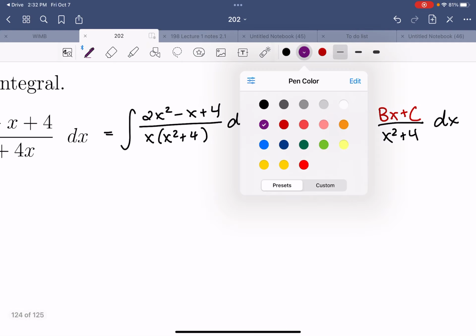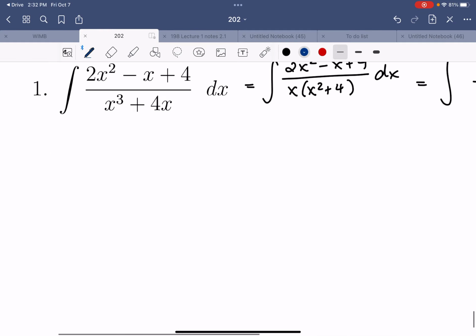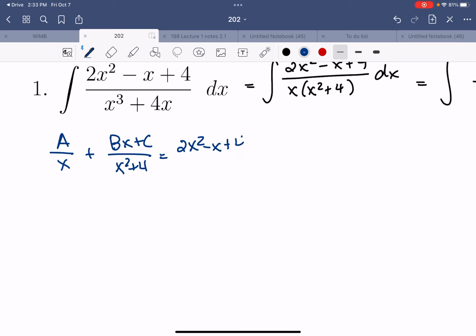So let me go down here and sort it out and find my a's, b's, and c's. So we have a over x plus bx plus c over x squared plus 4 has to be equal to the original one, which was 2x squared minus x plus 4 over x times x squared plus 4.